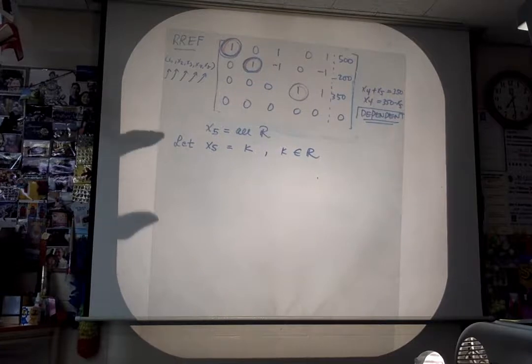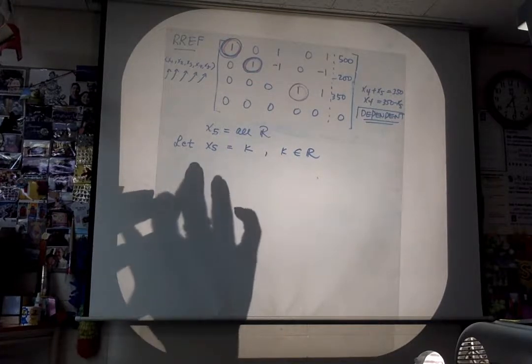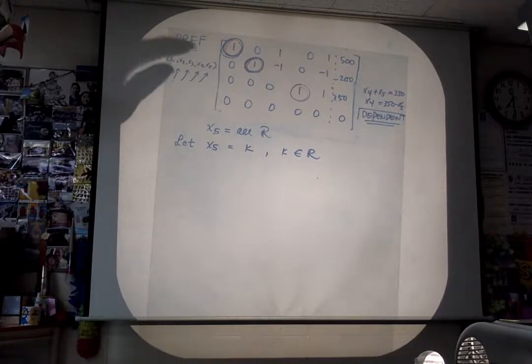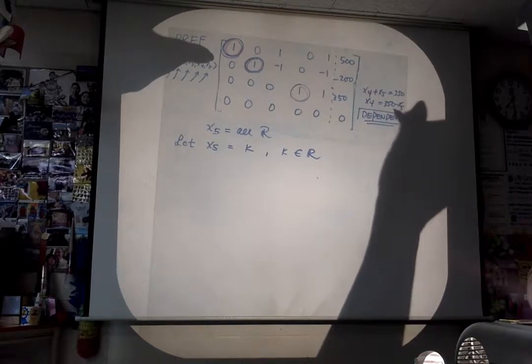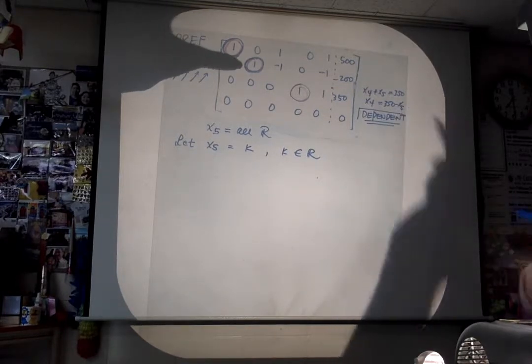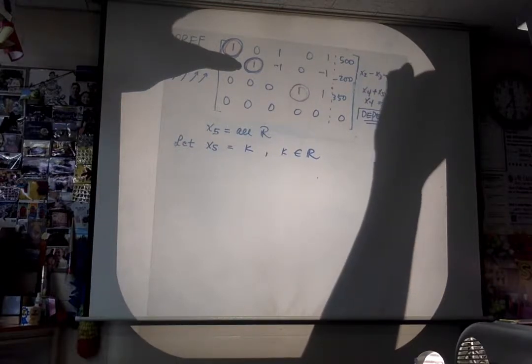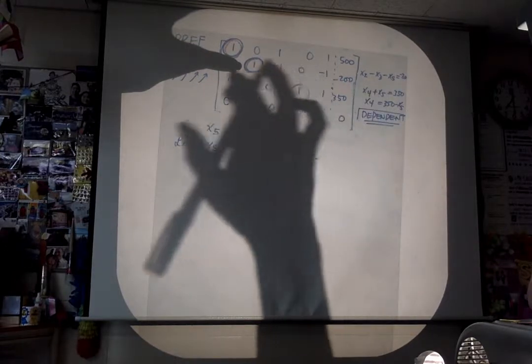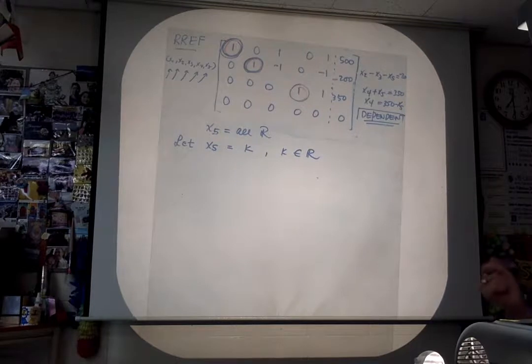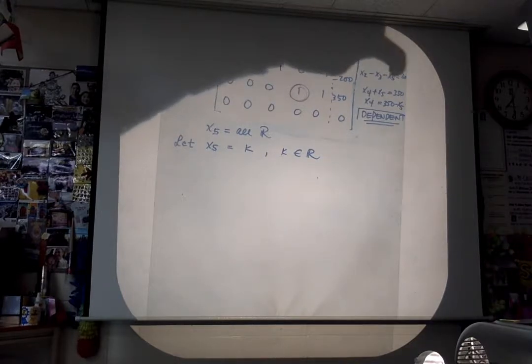So a lot of them are dependent on x5, so we're going to leave x5 like this, okay? Let's write the equation for x2: x2 minus x3 minus x5 equals negative 200, based on this, right? So x2 is dependent on x3 and x5.